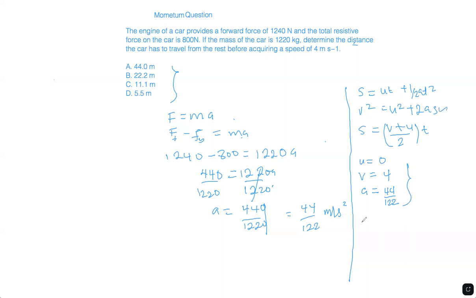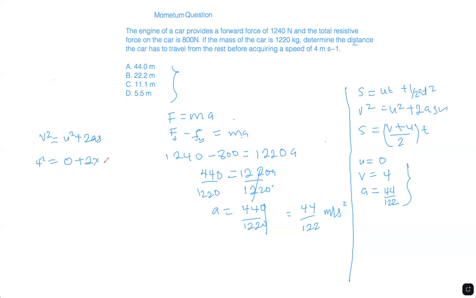I think this will go for it. We're going to be using this formula of v square equal to u square plus 2ax, where x stands for the distance. So the final velocity here is 4, which is 4 squared. Initial velocity is 0 plus 2 times acceleration.